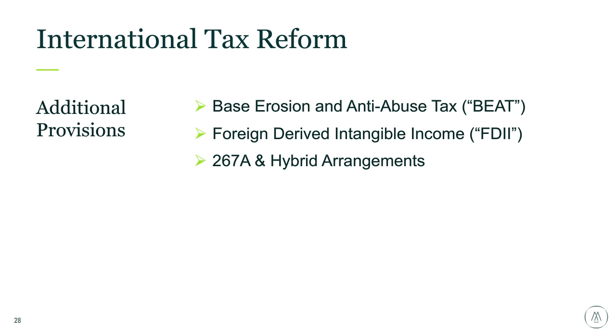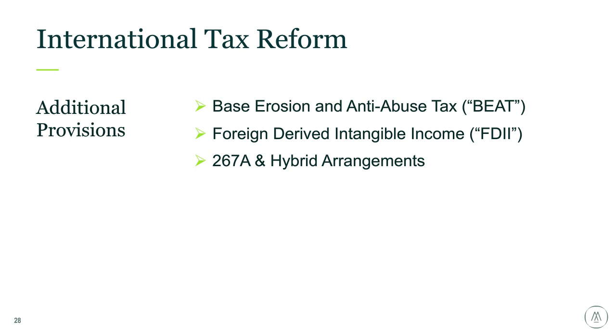The first is the Base Erosion and Anti-Abuse Tax, or BEAT, as it's referred to. Under these provisions, if a C corporation has average annual gross receipts of at least $500 million or more over the past 3 years, and a base erosion percentage of 3% or higher for the tax year, then they're subject to this.